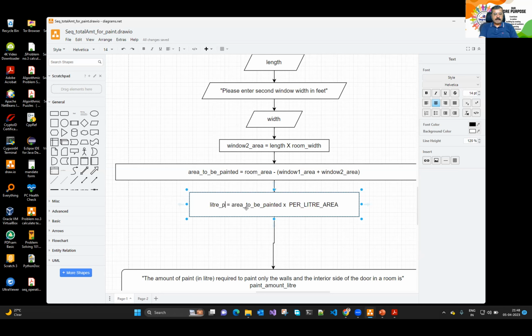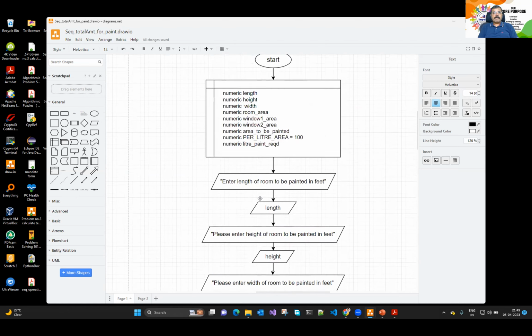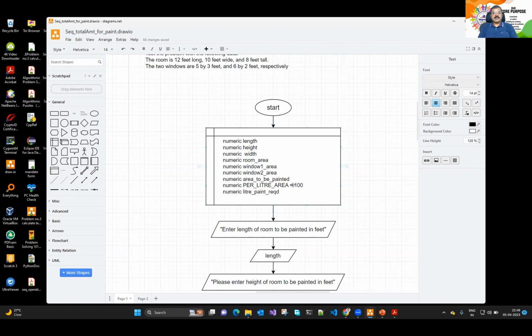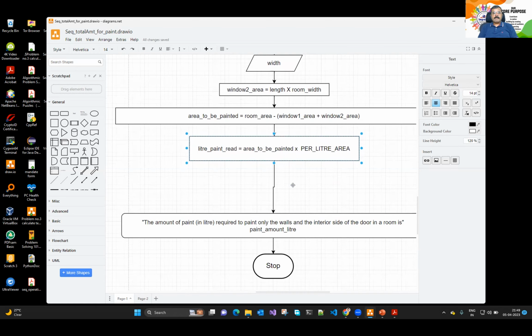So area to be painted into per liter area, that is 100. Area to be painted into per liter area is what we have got.